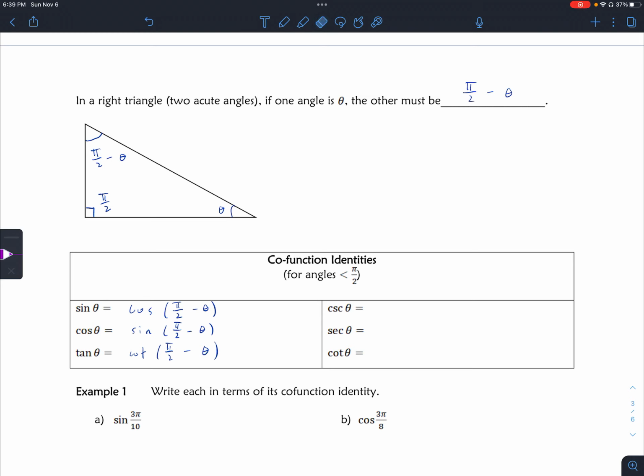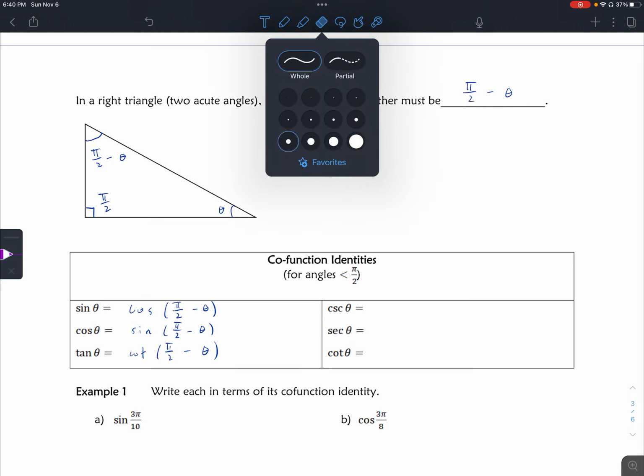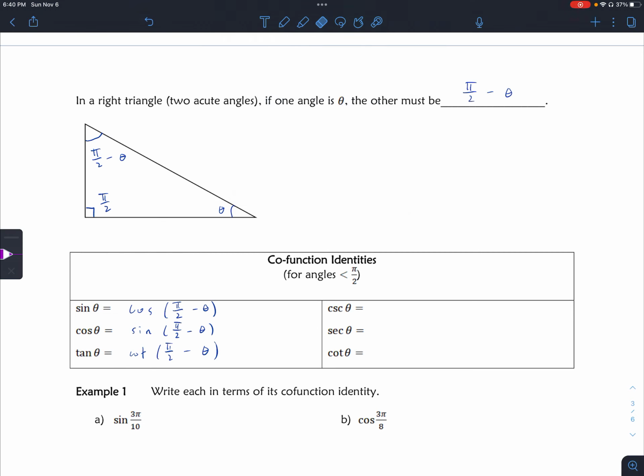Okay, and cosecant was secant, right? Secant of pi over 2 minus beta, complementary angle. Secant was cosecant, was equal to cosecant of pi over 2 minus beta. And then cotangent was tangent of pi over 2 minus beta.